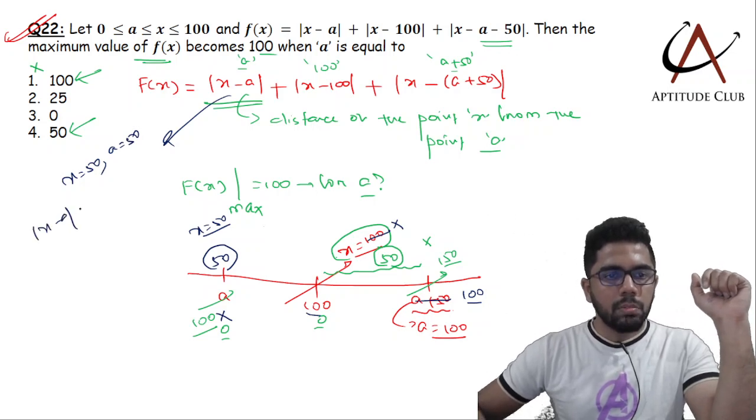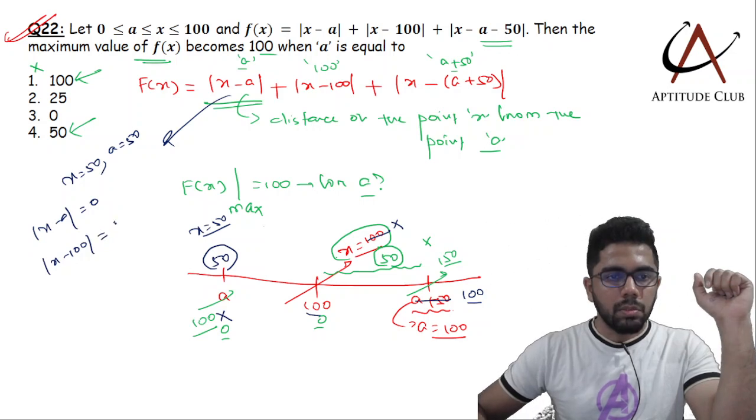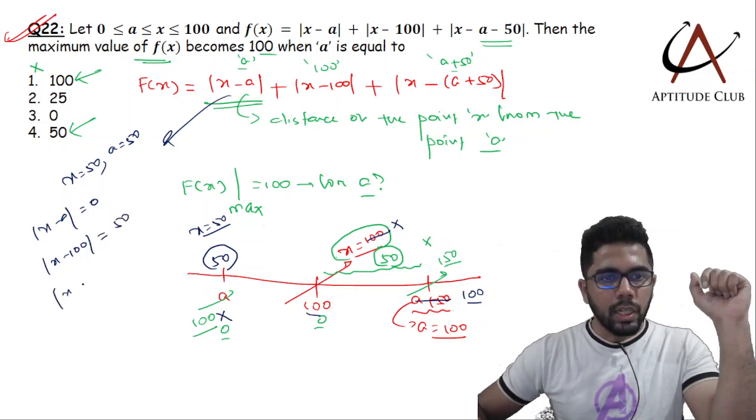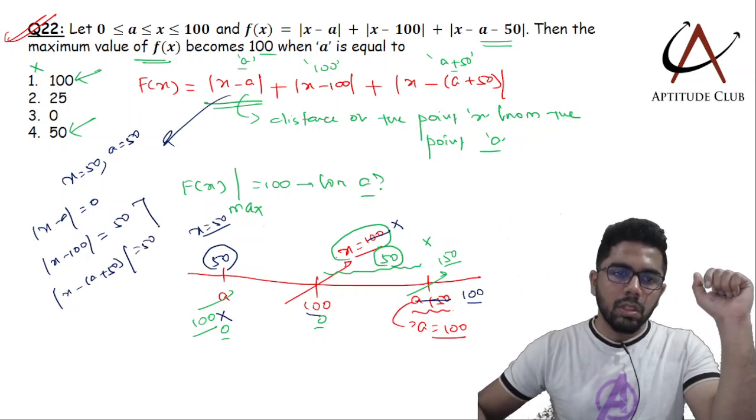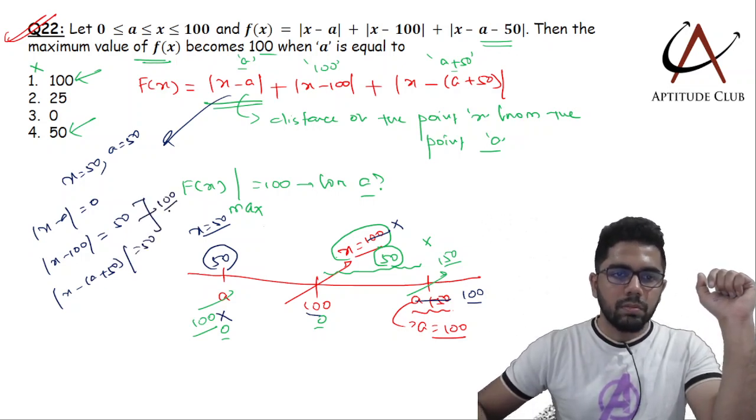So mod x minus a becomes 0, mod x minus 100 becomes 50, and mod x minus a plus 50, this becomes 50. तो ये सम आ रहा है 100.